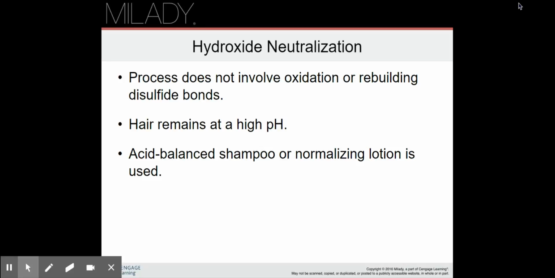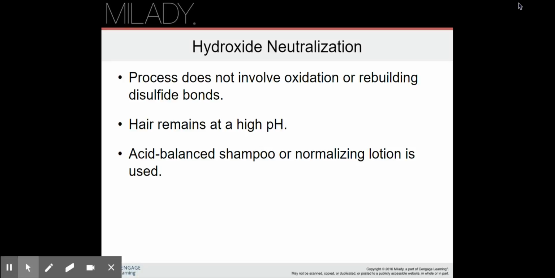Hydroxide neutralization, unlike thio neutralization, is an acid-alkali neutralization that neutralizes or deactivates the alkaline residue left in the hair by a hydroxide relaxer and lowers the pH of the hair and scalp.